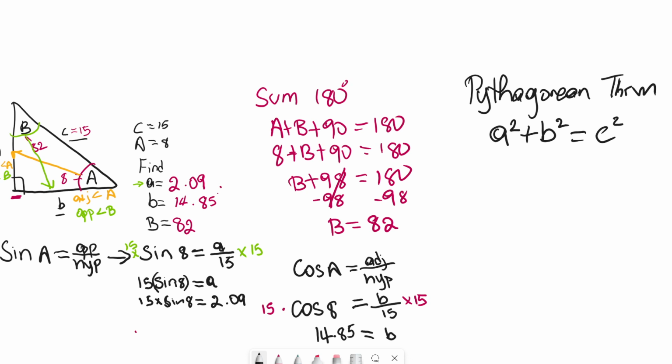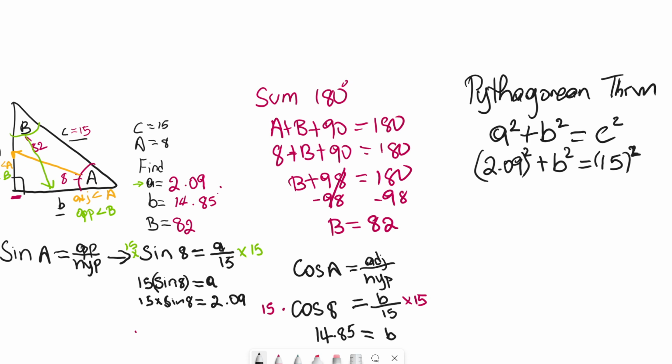So let's plug in. Again, this is if we were solving for B. We know that A, or we found that A was 2.09. So we can plug that in there, 2.09 squared plus we don't know B. So this is if you were to use the Pythagorean theorem to find B. We also know what C is. And I would like to note here, you can only use Pythagorean theorem if you know two sides, right? You can't use it if you have two unknowns. So yes, A squared plus B squared is equal to C squared.